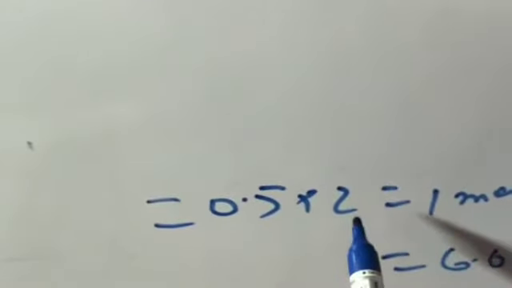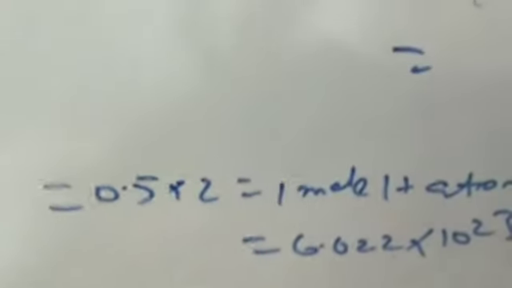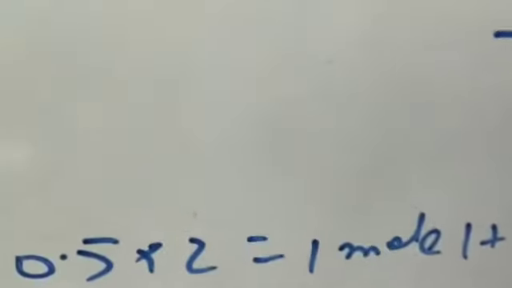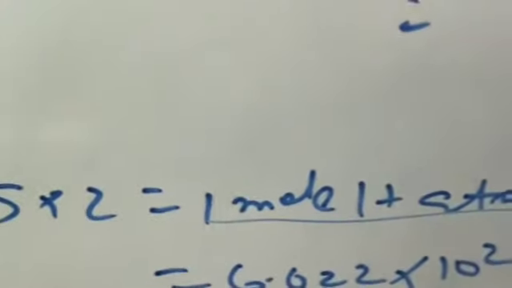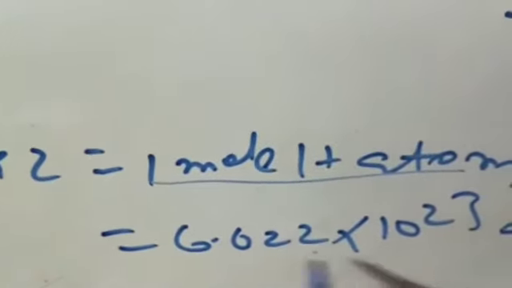Why is it multiplied by 2? Because 1 molecule of hydrogen contains 2 atoms of hydrogen. So 0.5 into 2 is equal to 1 mole of hydrogen atom. So in 1 mole of hydrogen atom, 6.022 into 10 to the power 23 atoms of hydrogen are present.